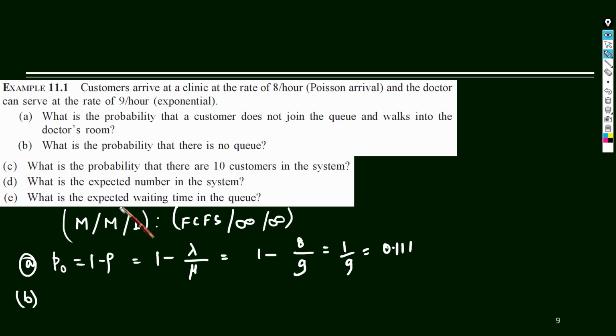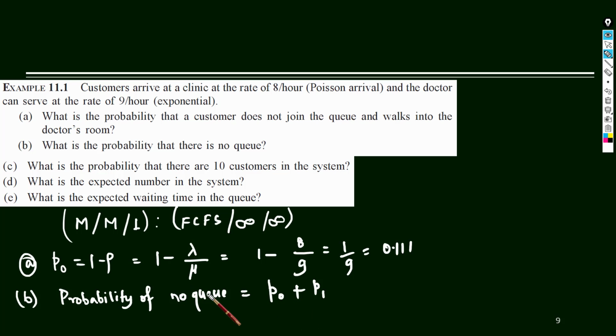B. What is the probability that there is no queue? Okay, so no queue, that means there is no person in the system? No, actually, if there is no queue, it may be that there is not a single customer there, or there may be one customer who is getting served, so he is already seeing the doctor, he is not in the queue.